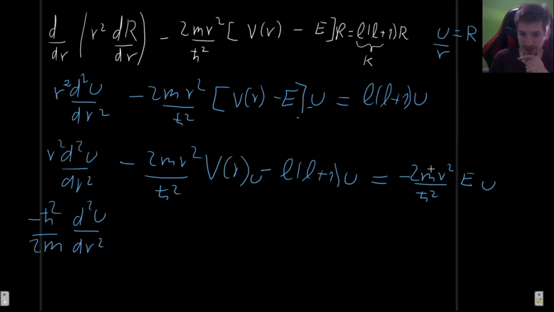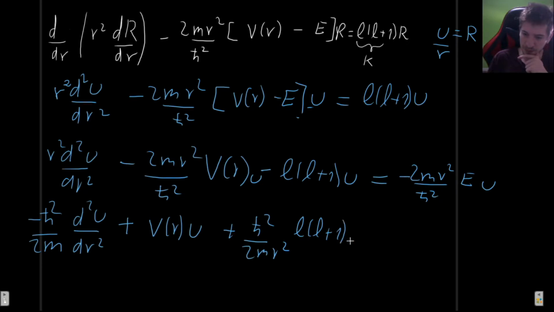Here we have exactly the same, so this will just cancel out, and we get plus the potential times u, and here instead of minus l plus 1 u, we multiply by the inverse of this. So we get positive h bar squared divided by 2m r squared times l plus 1 u, and this is going to be equal to E u.